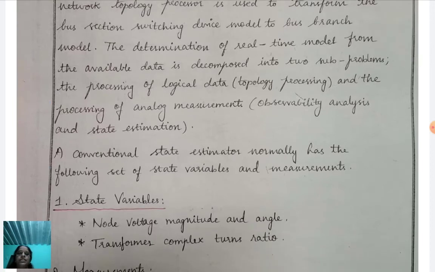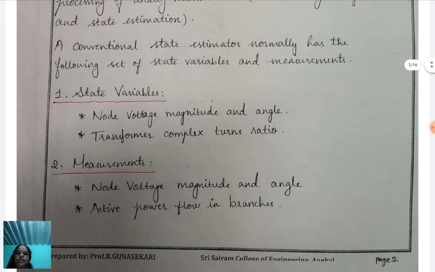A conventional state estimation normally has the following set of variables and measurements. State variables: the first one is node voltage magnitude and angle. The second one is transformer complex turns ratio. And then the measurements: first, node voltage magnitude and angle.